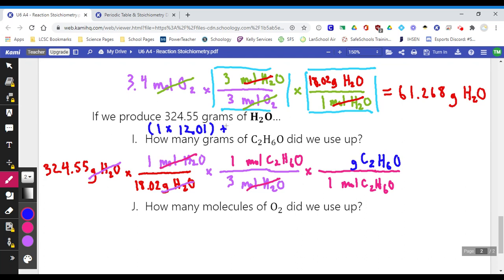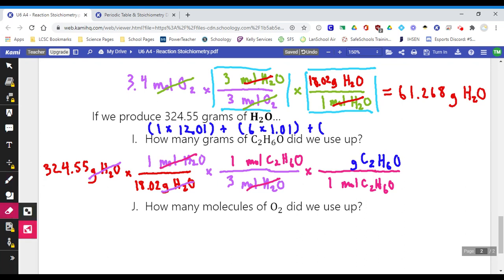Plus, I've got 6 hydrogens. 6 times 1.01, plus, oh, I'm sorry, I have 2 carbons.